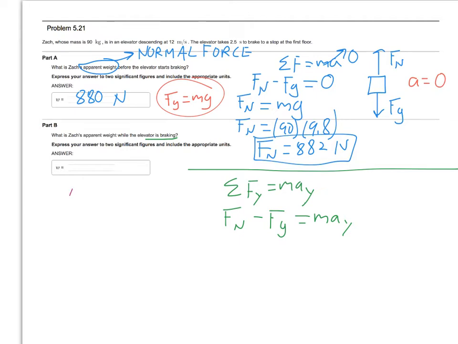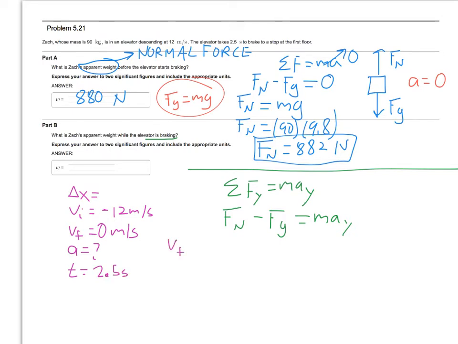So if I think about what I know here in terms of kinematics, I know my initial velocity is negative 12 because we're descending at 12 meters per second. We're coming to a stop, so my final velocity is 0. Don't know my acceleration, but I do know that that takes place over a period of time of 2.5 seconds.